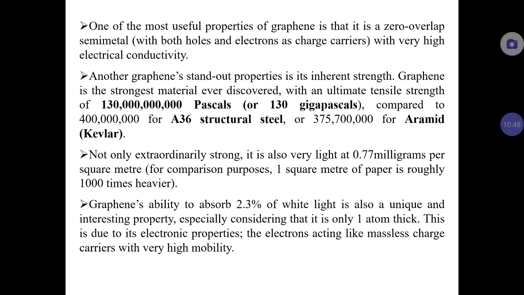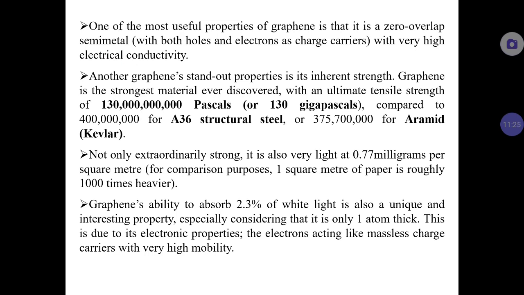This is another reason why we say zero band gap, because in normal conducting materials, the conductivity takes place only due to the free electrons alone, but here free electrons as well as holes both will contribute as charge carriers. That is the reason for saying zero band gap rather than overlapping. So electrons will be there as well as holes, and both will contribute to electrical conduction. Due to that, it possesses very high electrical conductivity.